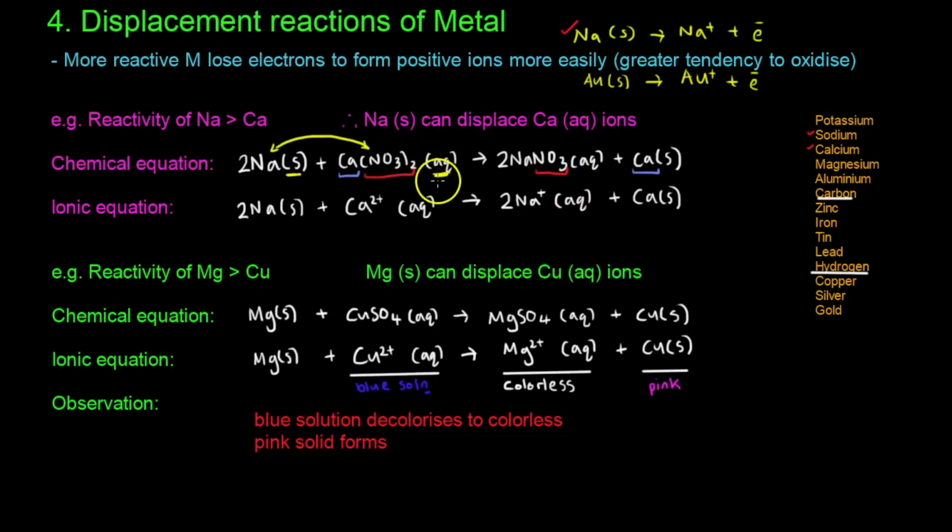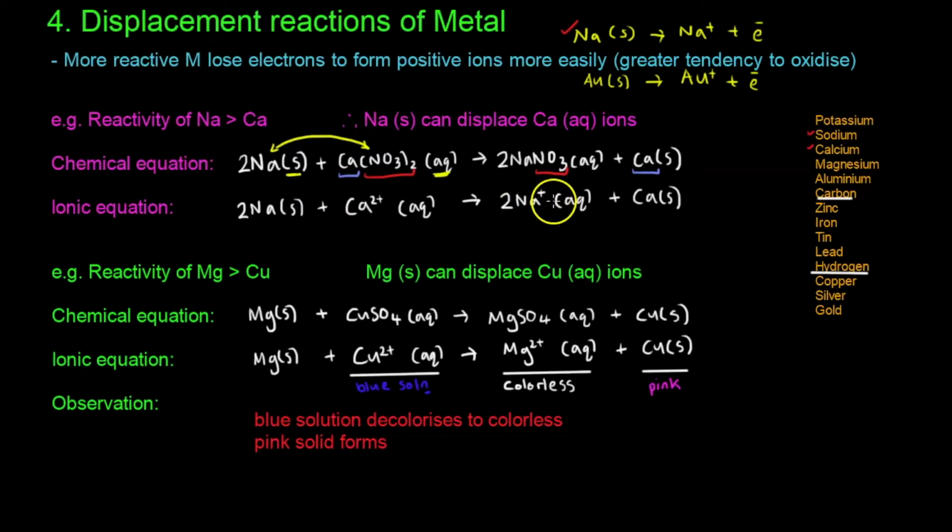They are the same on the left hand side and right hand side of the reaction, meaning after the reaction they do not change, so I exclude them in my ionic equation. In summary, an ionic equation just excludes repeating ions on the left and right hand side of the equation. So what remains here is just Ca2+ and 2Na+.